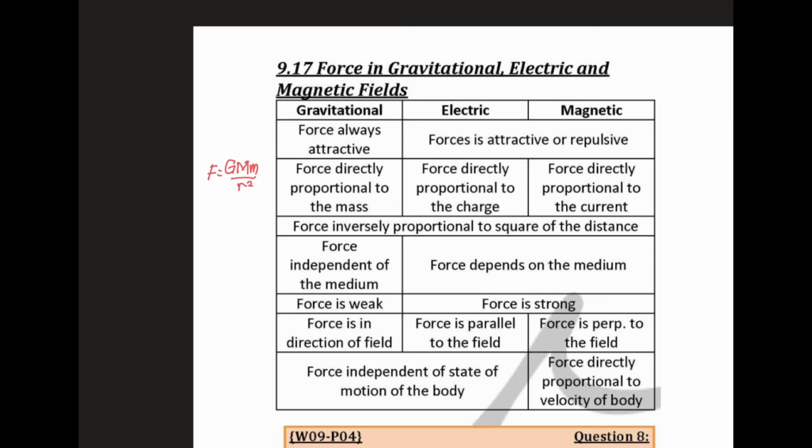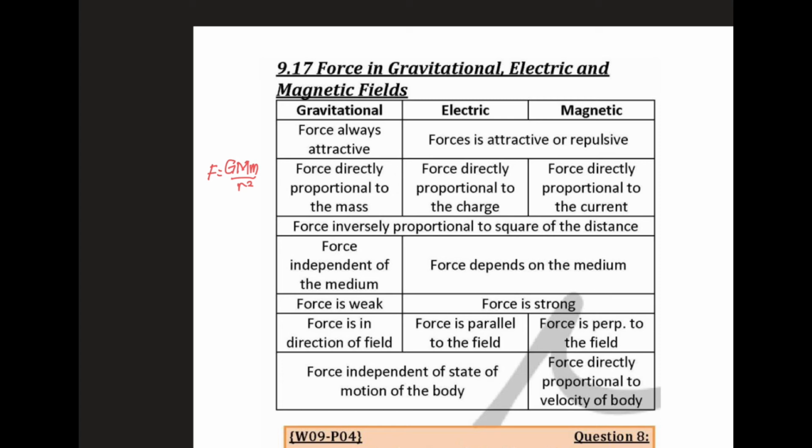If you still remember Newton's law of gravitation, the force is directly proportional to the product of the masses and inversely proportional to the square of the distance between the two masses. So that's the formula.